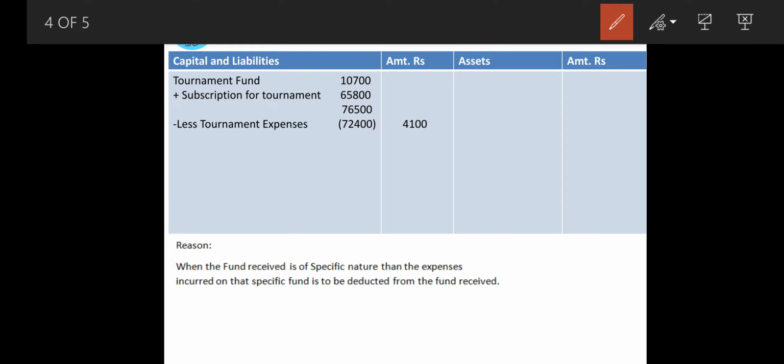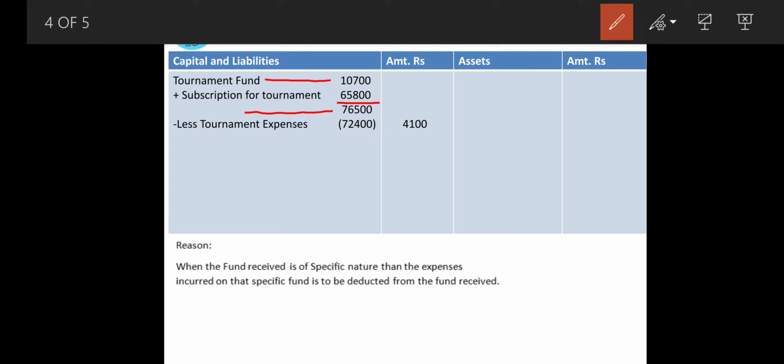So these are all expenses related to tournament only. First, the subscription whatever you received is related to tournament, so this will be reflecting as a specific one. So in the balance sheet liability side, you are supposed to write down tournament fund balance first, that is 10,700. Then whatever subscription you are receiving as an income is to be reflected as an addition to the balance that was there.